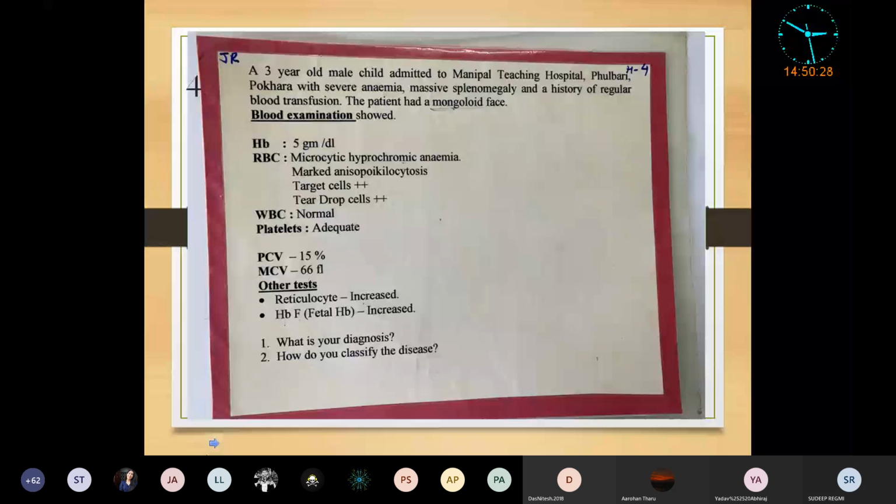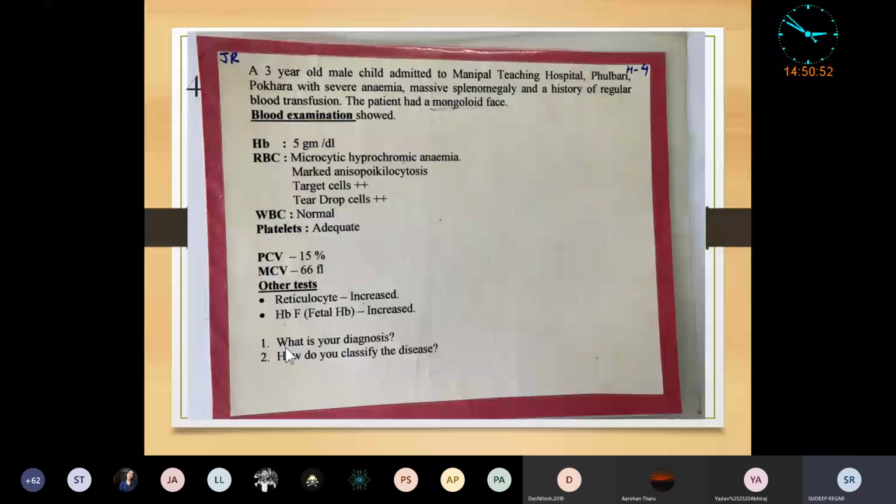Okay, how will you confirm this disease? How will you confirm if it is a thalassemia? One, there is increased fetal hemoglobin. Electrophoresis you will do.